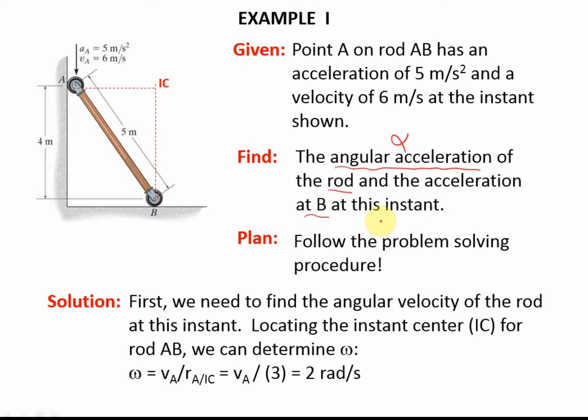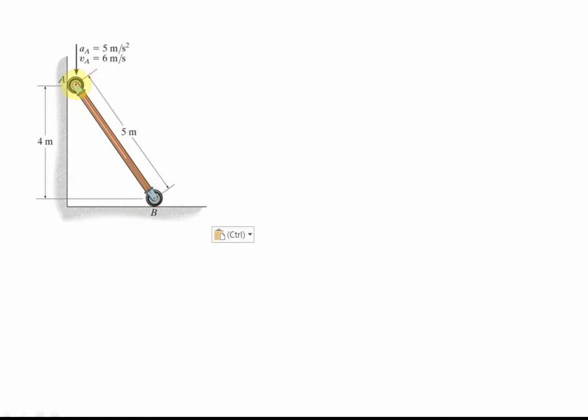at this instance. Right now, our A and B are kind of switched. In the previous example, we called the bottom A and the top B, but right now it's switched. Since we know the velocity of A and the acceleration of A, let's say I want to make this my base point, and this is moving this way.